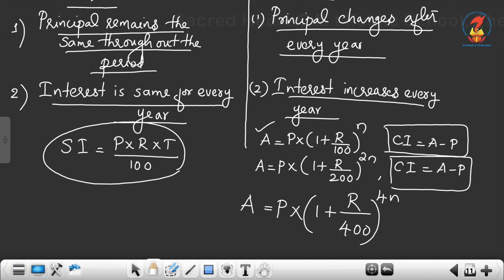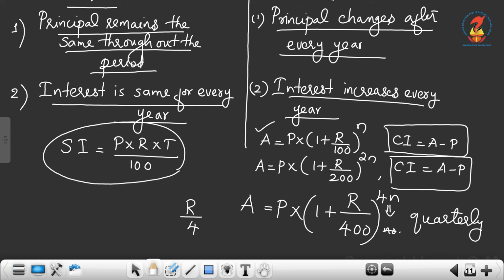If it is compounded quarterly, because in one year there are 4 quarters, we have to take 1/4 of the rate, R will become R by 4, and how many quarters in 1 year? There are 4 quarters, therefore 4n denotes the number of quarters.